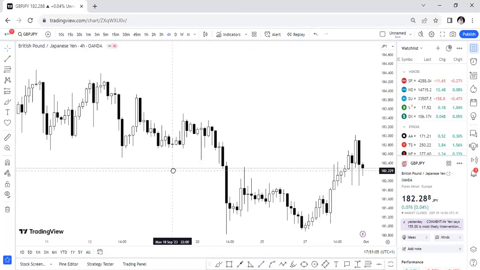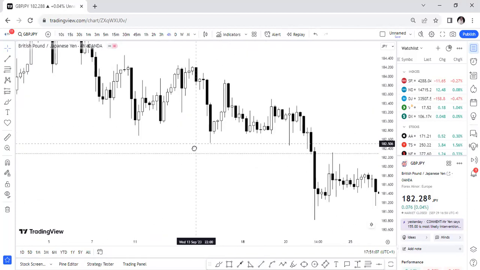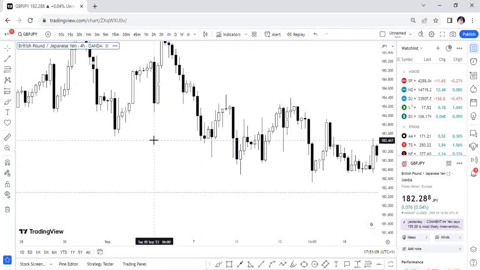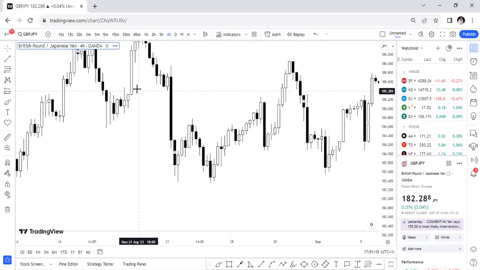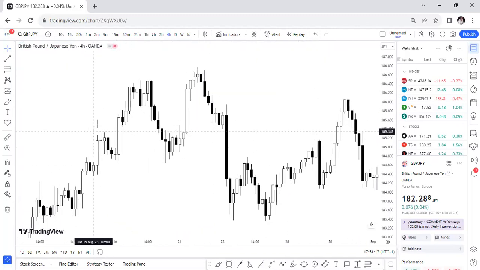Whenever engulfing breaks out, whenever engulfing fails to hold, it becomes a flipped pattern. Like what we have here is a flipped engulfing. Price breaks through it, it becomes a flip pattern, so you trade it the other side.